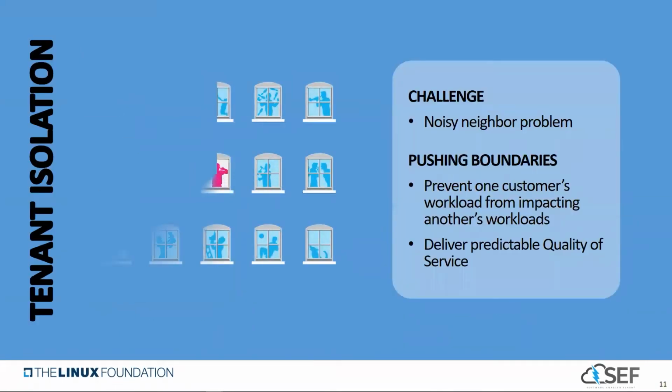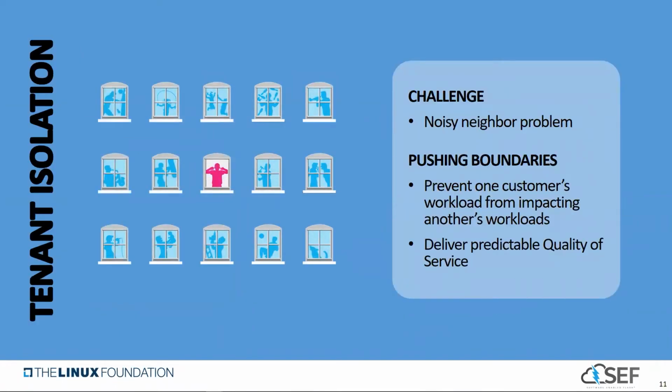There's what we call the noisy neighbor problem, similar to being in a crowded space like an apartment building or college dorm. There's a lot of activity going on, and maybe it's not that organized. The flash hardware is laid out with a lot of demands being placed on it, a lot of stuff moving in and out, but it may not be organized, or certain demands aren't getting the priority they need.